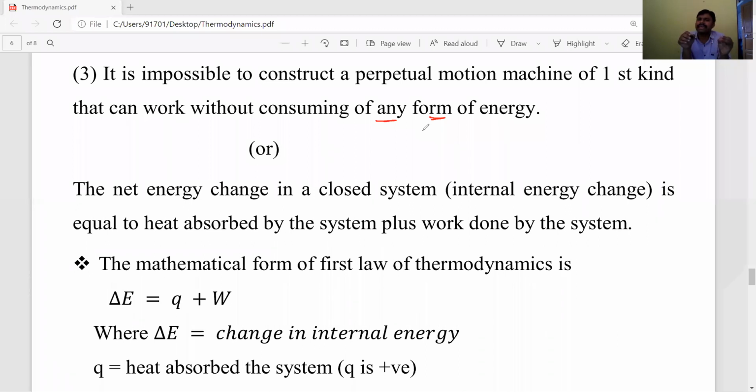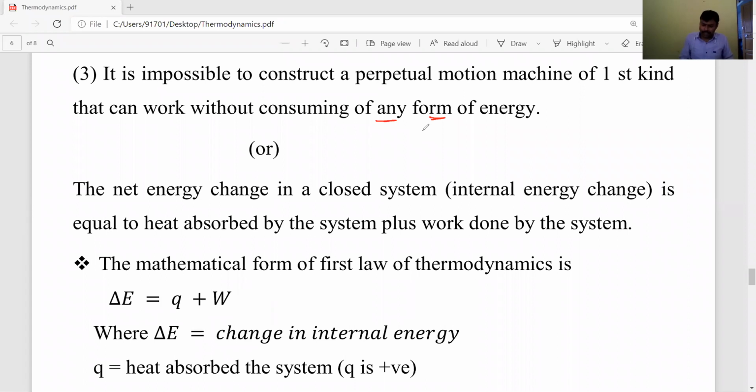For any machine or system to work, initially some energy needs to be utilized. We cannot construct a 100% efficient machine.